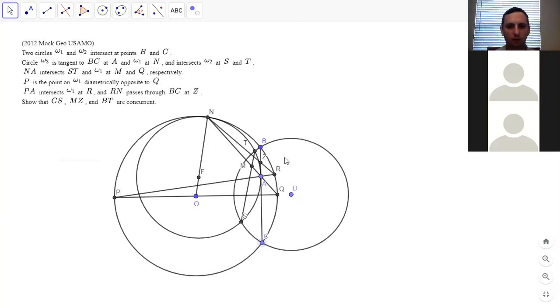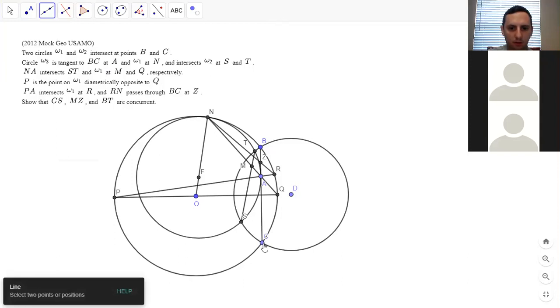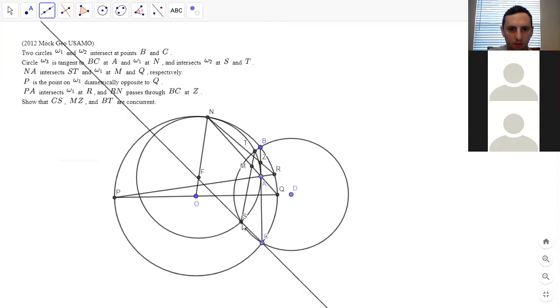Okay. CS, MZ, and BT. Kind of feels a little bit, I wonder if the point they pass through is some special point. I don't think so.